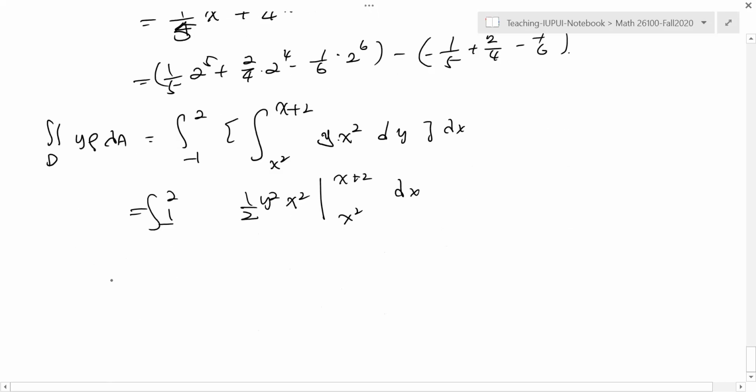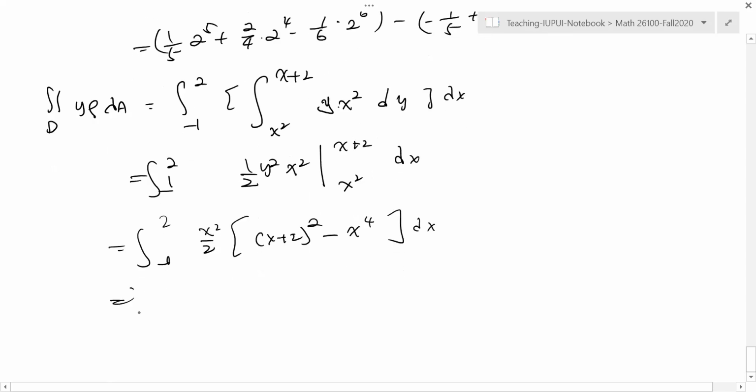Okay, as you can see, this is a half of x squared, and y squared is (x plus 2) squared minus x to the 4th. Okay, so this function will be different inside.